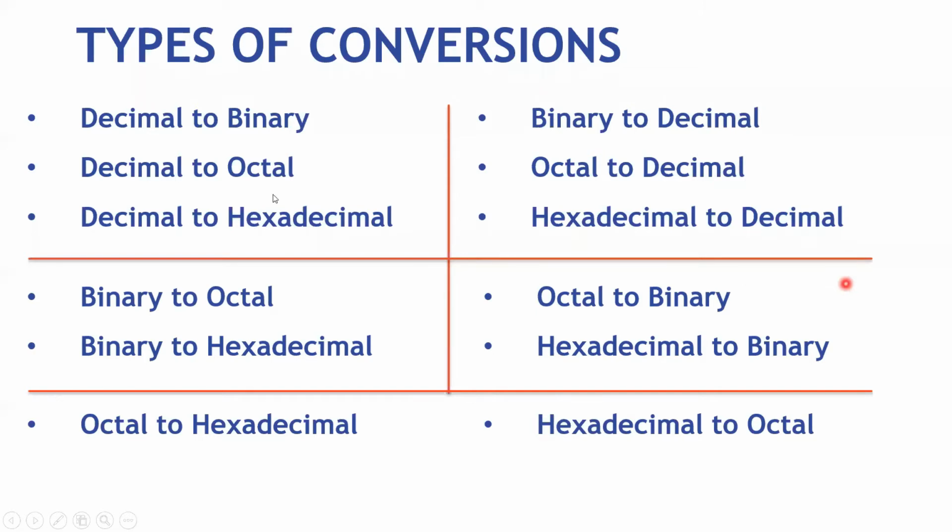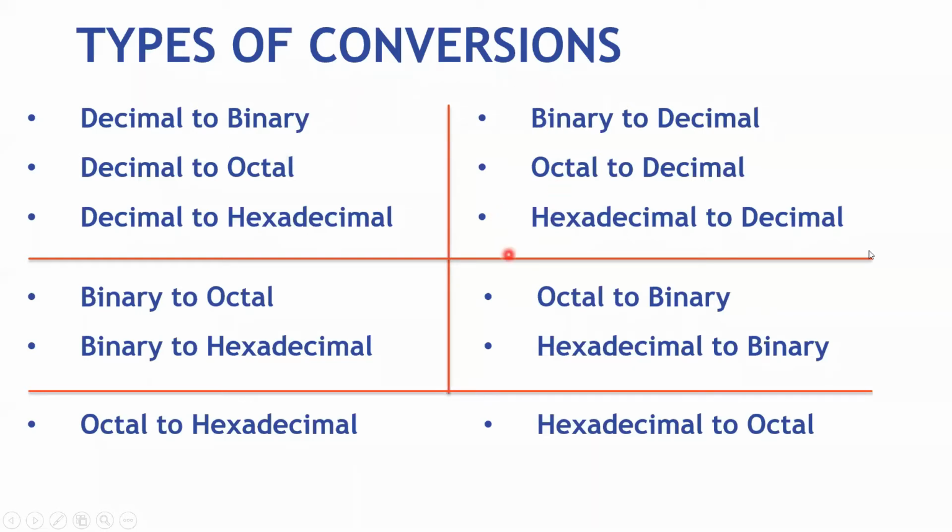Now here, to convert, we have a particular conversion method. We can classify it in this format, that is decimal to other number system. How to convert? We have one group. And the other group is, if other number systems are there like binary, octal, and hexadecimal, how to convert them to decimal.